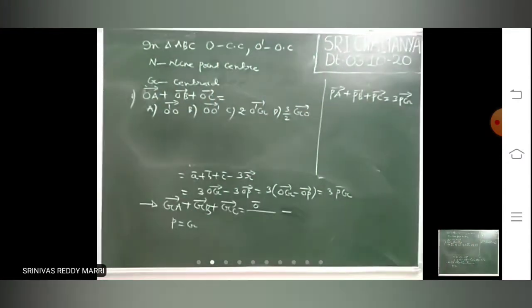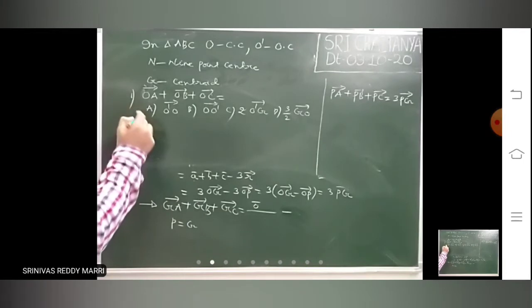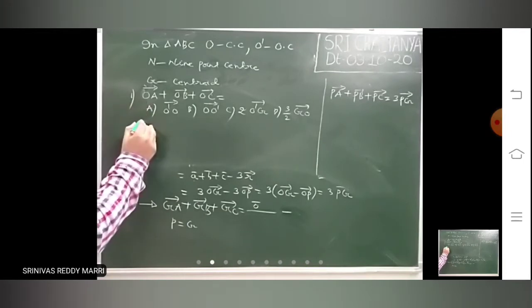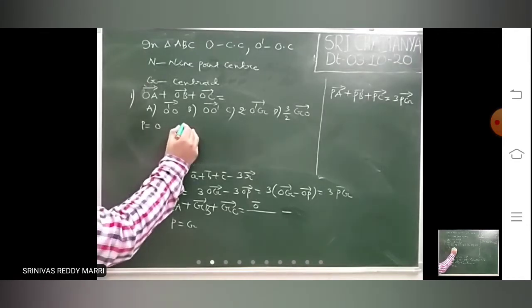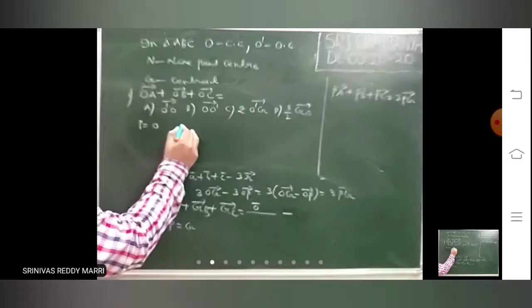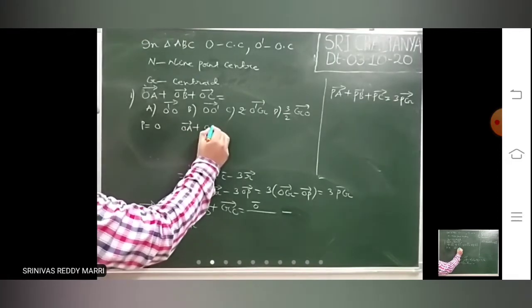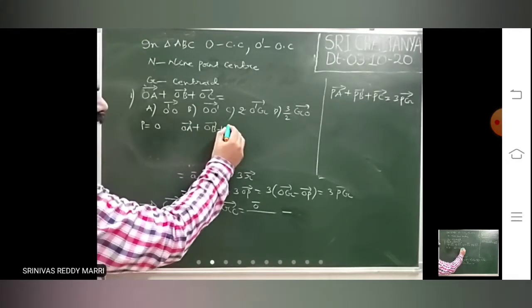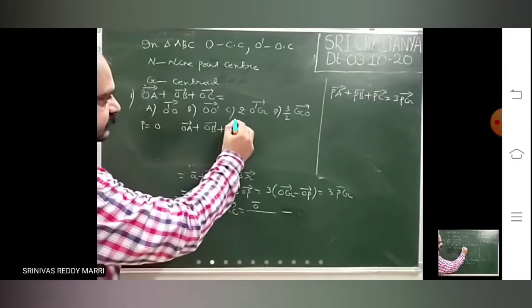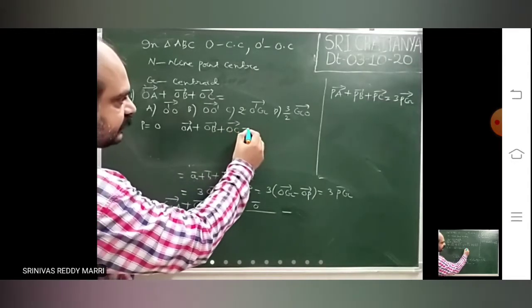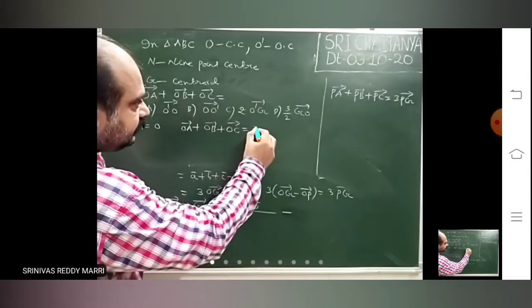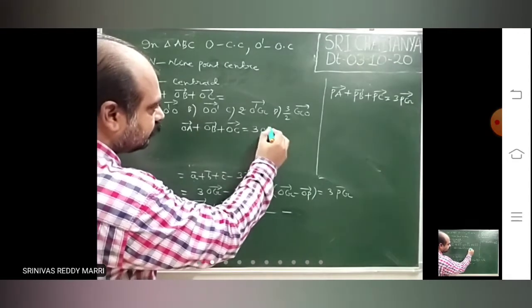Now in that relation, P is O, the circumcenter. P equal to O implies you get OA bar plus OB bar plus OC bar equals 3 OG bar.